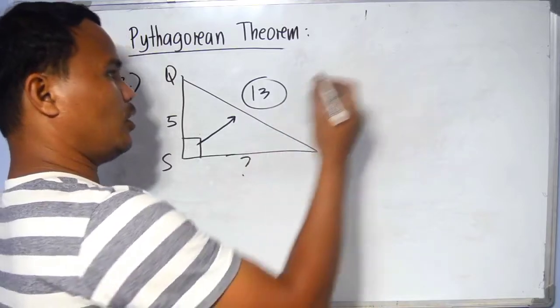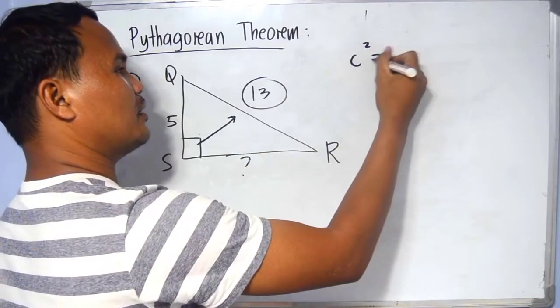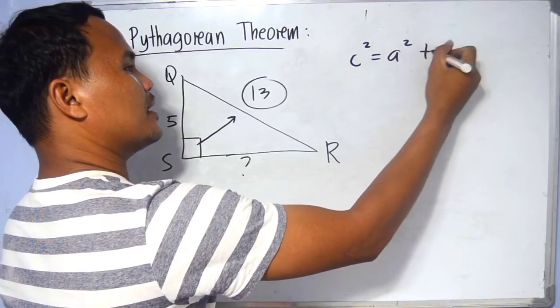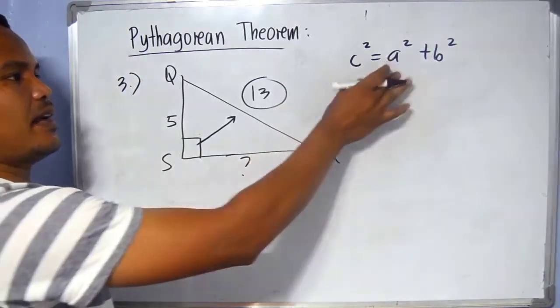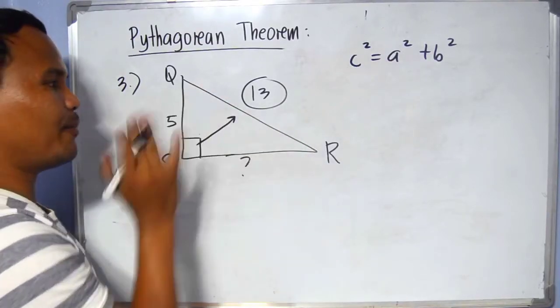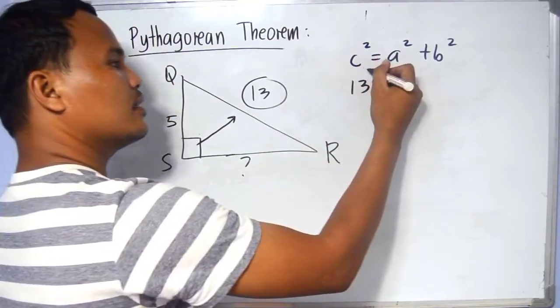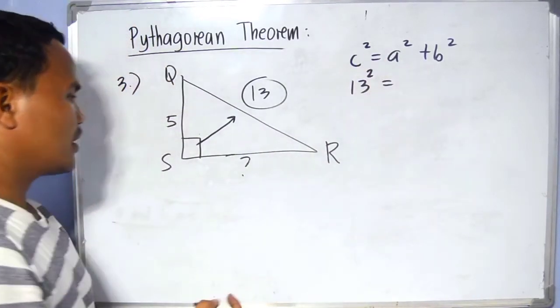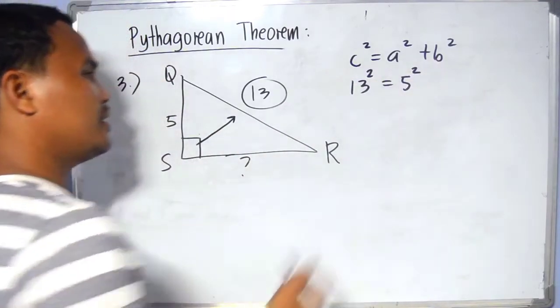By using the formula, we have C squared equals A squared plus B squared. Always remember that C is our hypotenuse, and A and B are called legs. In our given figure, our hypotenuse is 13, so we substitute 13 squared.